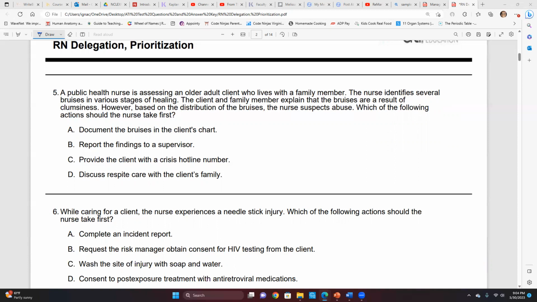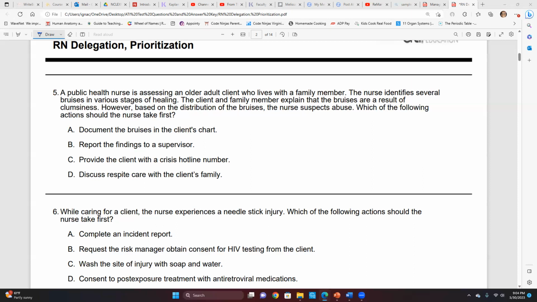That's not good. Based on this, the nurse suspects abuse. Which of the following actions should the nurse take first: document the presence of the bruises, report findings to the supervisor? What's the answer? I'll say report to your supervisor first.